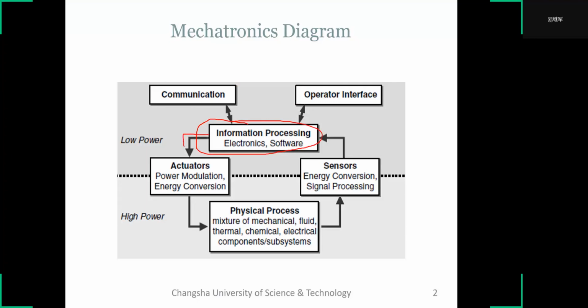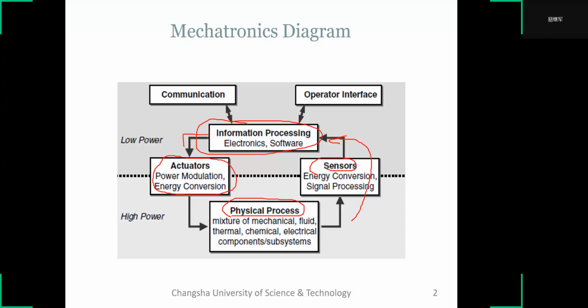Give the signal to the actuator. The actuator drives the mechanism and realizes the physical movement, and the movement is sensed by the sensors and fed back to the central controller.